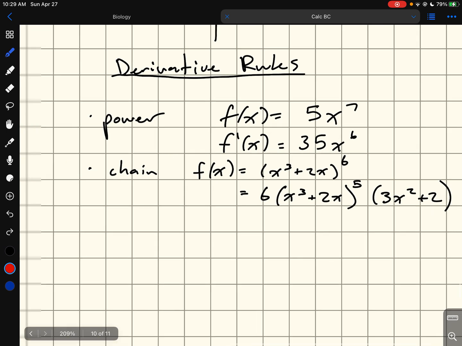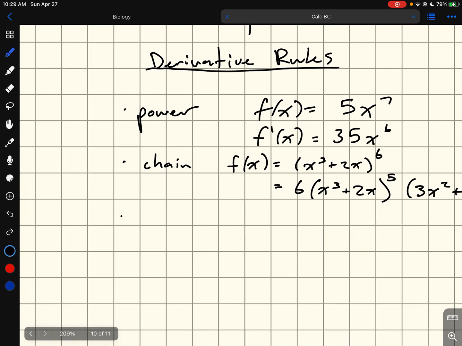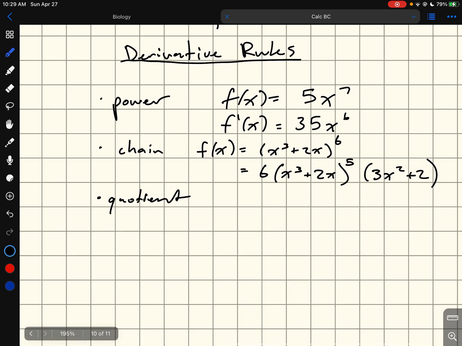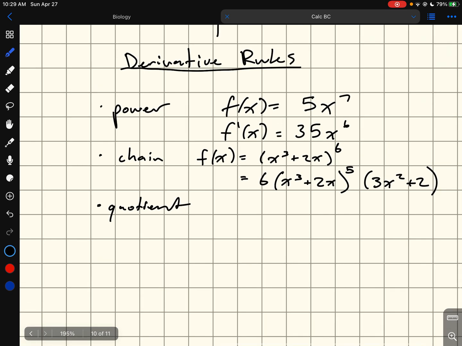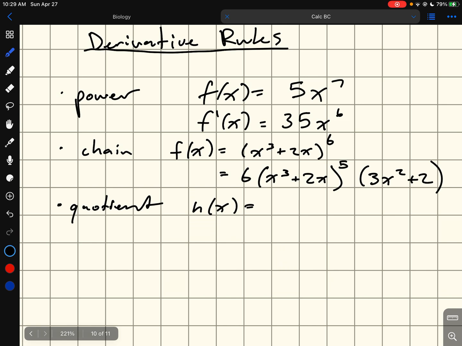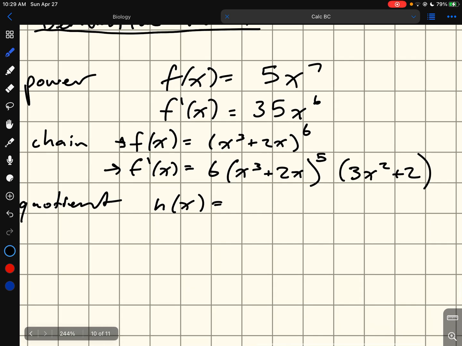And then we have quotient rule. So, write f prime, because these two are not equal to each other.